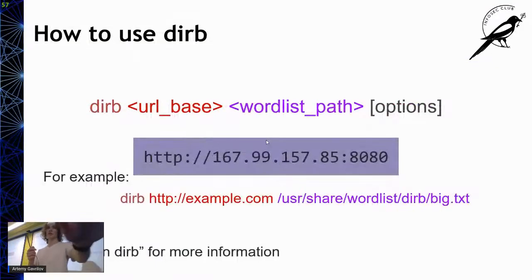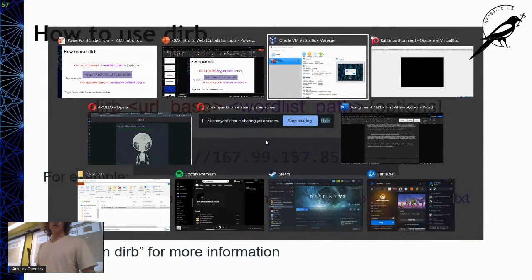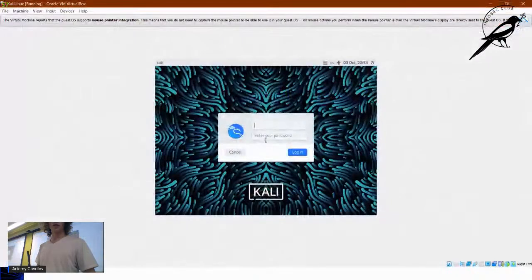And okay, there you go. There's the site. So you're going to type in dirb, http://167.99, whatever, space, and then the path to your word list. So that's /usr/share/wordlists/dirb/small, ideally. Big is going to take ages. And then that will start the lengthy process.